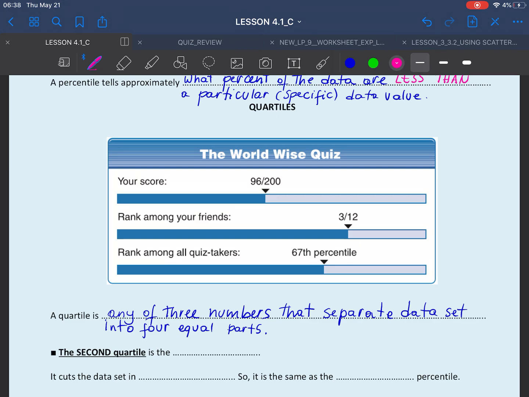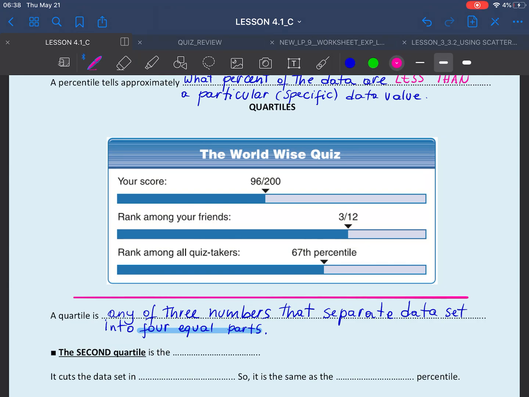Now, how does that work? Suppose that we have a data set and it's represented by this long line in here, and all the data are listed from lowest to highest. Now, we want to divide this data set into four equal parts.